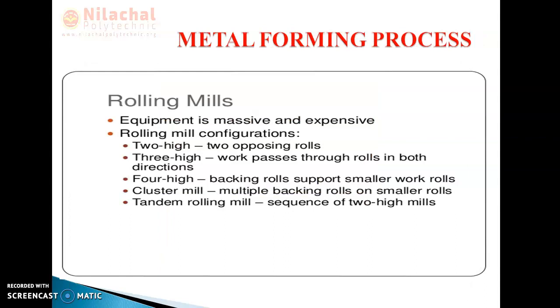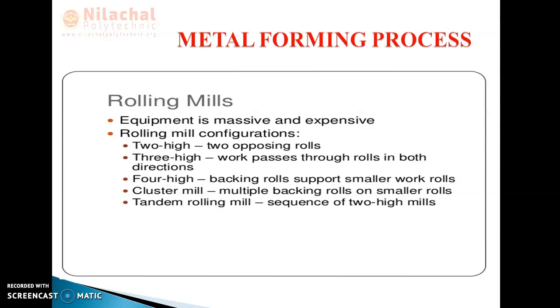Now, rolling mill types. In this chapter, that is the only long question which can be asked, in the form of: write about the various rolling mill stands. That means the types of rolling mills.